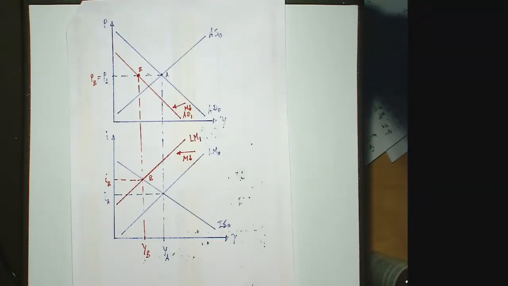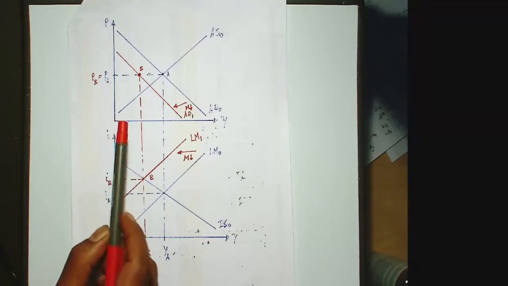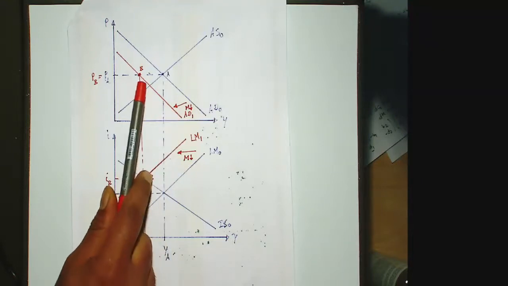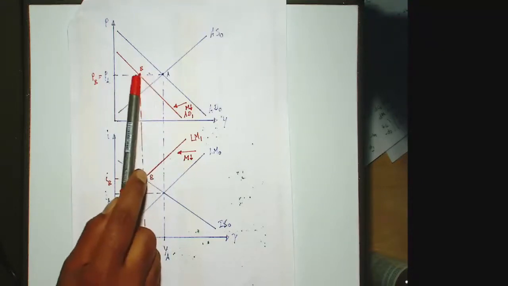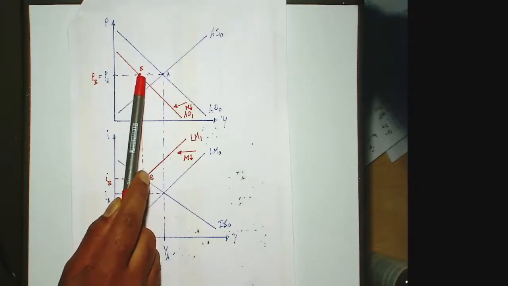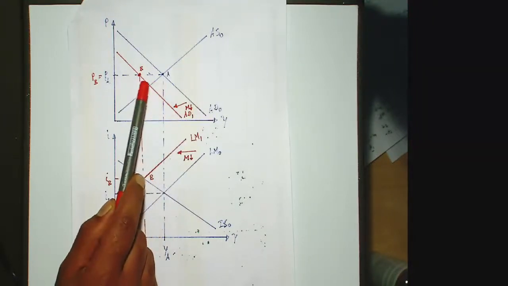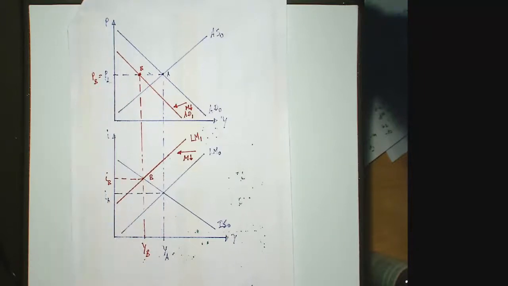Moving on to the short-run equilibrium analysis, as we can see in the AS-AD model, we have a lower aggregate demand because prices were fixed in the beginning. So at point B, aggregate demand is lower than aggregate supply. There is an excess supply in the market.